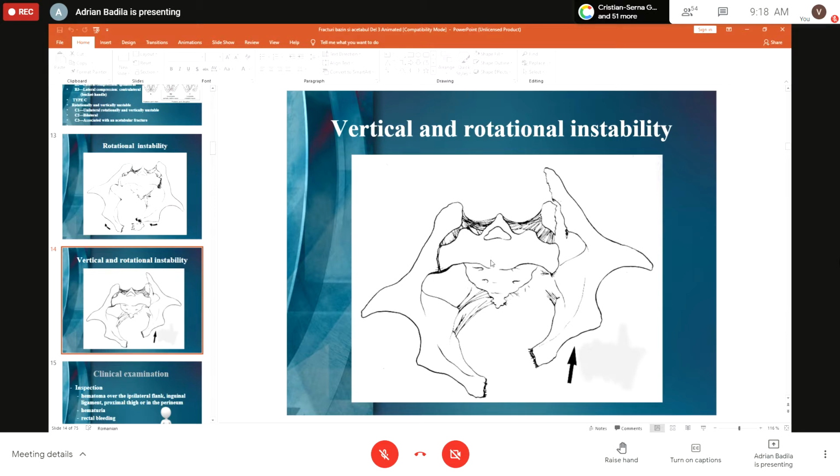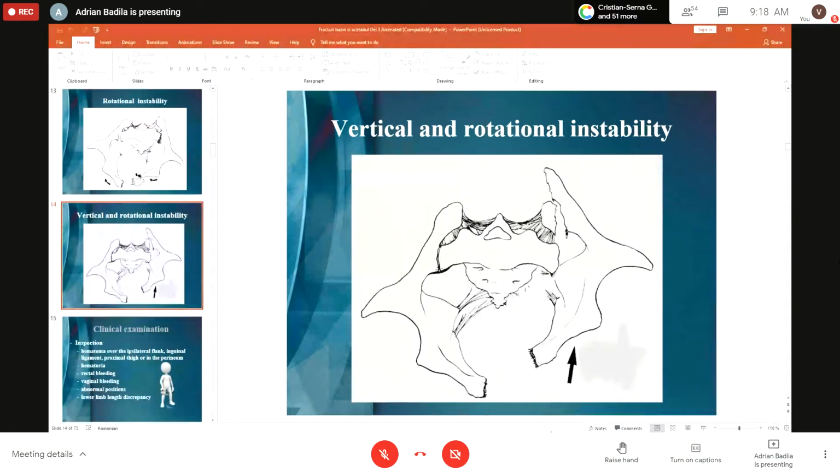Another fracture. In this fracture, we have a dislocation of the pubic symphysis in the front, and in the back, we have a fracture of the iliac bone and trauma at the level of the sacroiliac ligaments. This fragment, this left hemipelvis, doesn't have any bond with the rest of the pelvis.